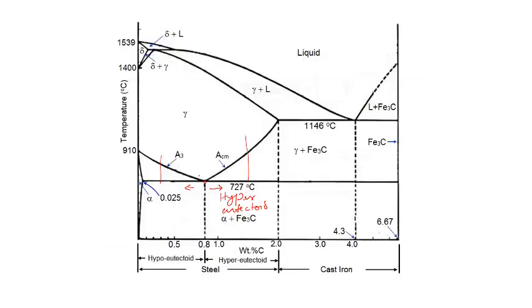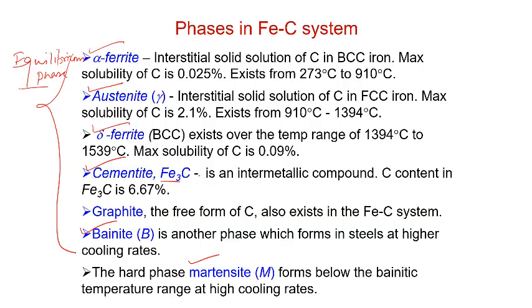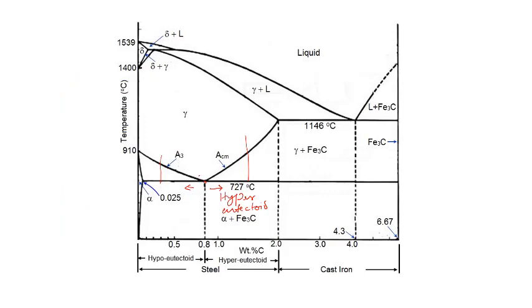So, these critical temperatures, some of them we have already discussed, that is the eutectic temperature, the peritectic temperature, and also the eutectoid temperature. Now, there are some boundaries that you could see separating one phase from the two phase region, right. This boundary, for example, here this boundary. So, they also have certain significance in this particular system.